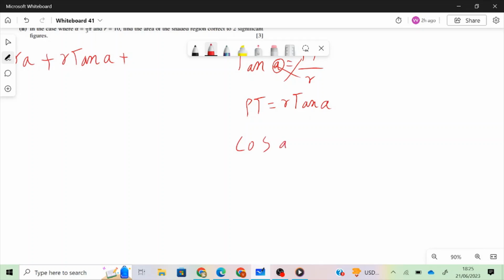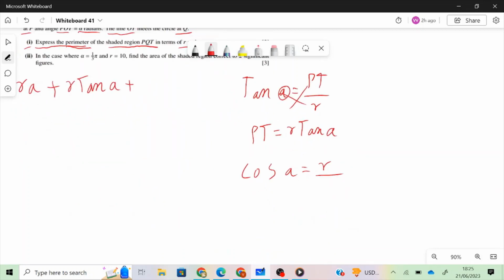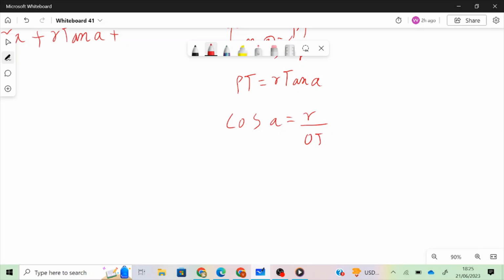Cos alpha is equal to adjacent over hypotenuse. Adjacent in this case is your R over the hypotenuse, which in this case is OT. That's the full length. And if you make OT subject of the formula, OT is equal to R over cos alpha.